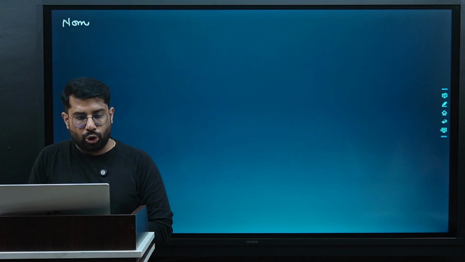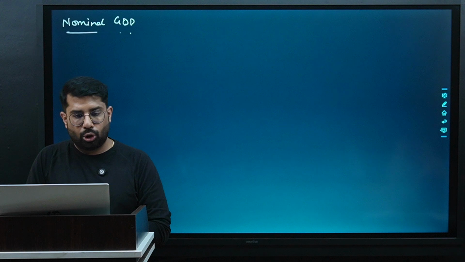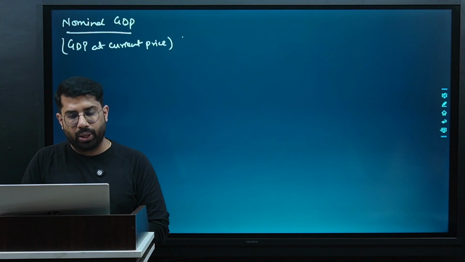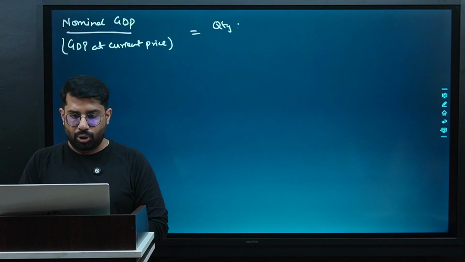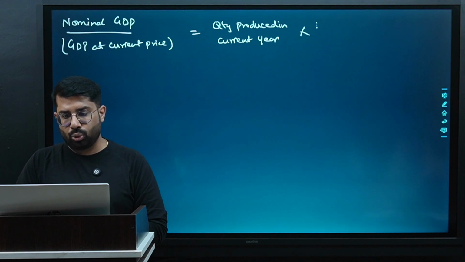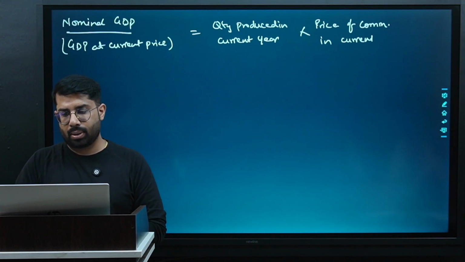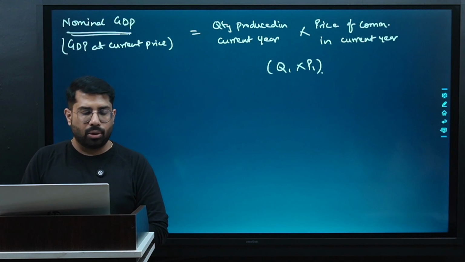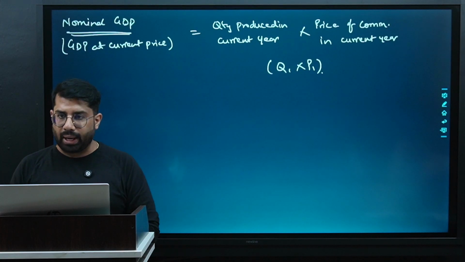So nominal GDP, or let us say GDP at current price, how will you calculate? You will take quantity produced in current year into price of commodities in current year, that is Q1 into P1. You will get nominal GDP, right?